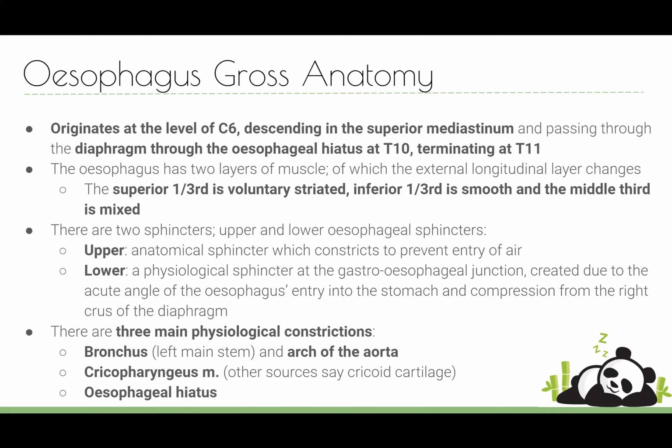There are also 3 main physiological constrictions, and this is very important because I can assess this: the bronchus, the left main stem, and the arch of the aorta. Sometimes you can say there are 4 points, with the cricopharyngeus muscle, or the cricocartilage, depending on what you read, and the esophageal hiatus. These are the 3 or 4 main constrictions that you really want to know.